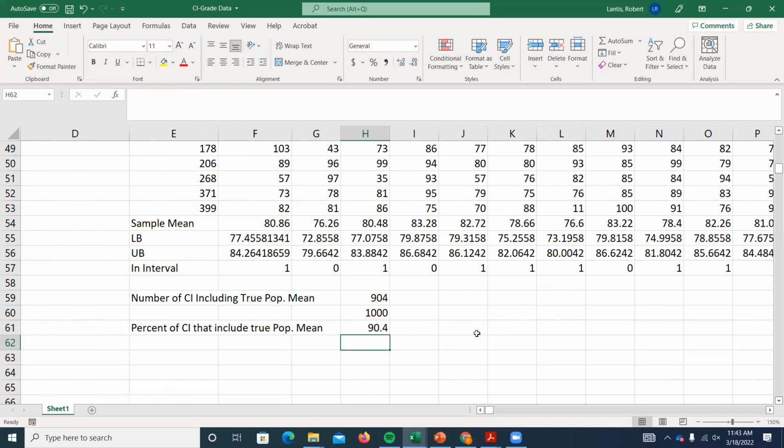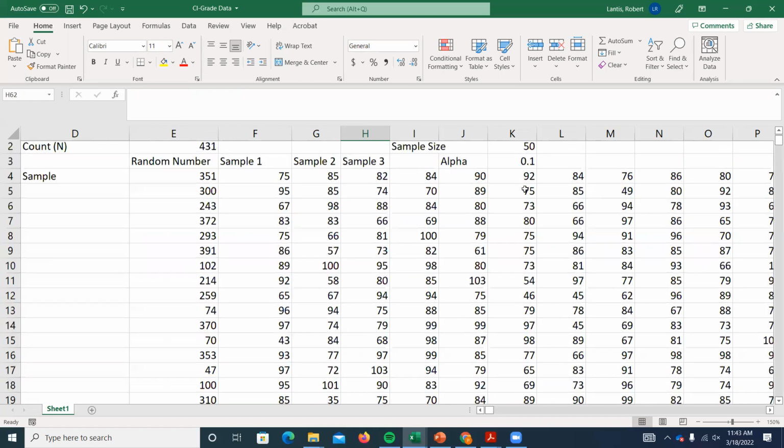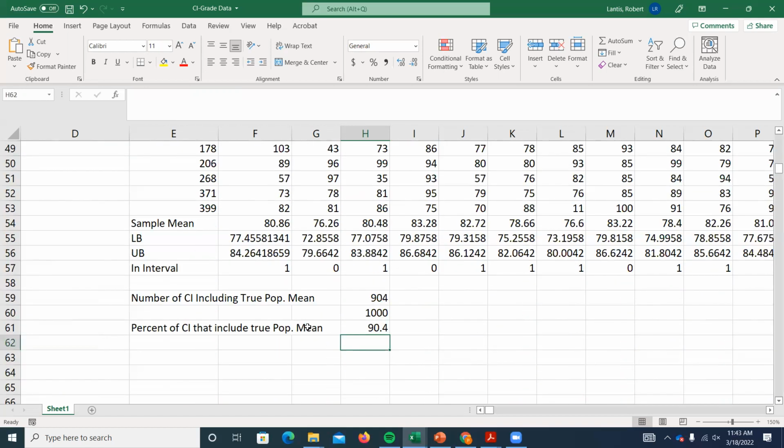Notice every time I hit enter, it randomly generates new numbers, so I'm constantly getting new samples here. But notice the percent of times when I'm using that alpha of 0.1, which corresponds to 90% confidence: 90.4% of the time, when I calculated the confidence interval from my sample, that confidence interval included the population mean.